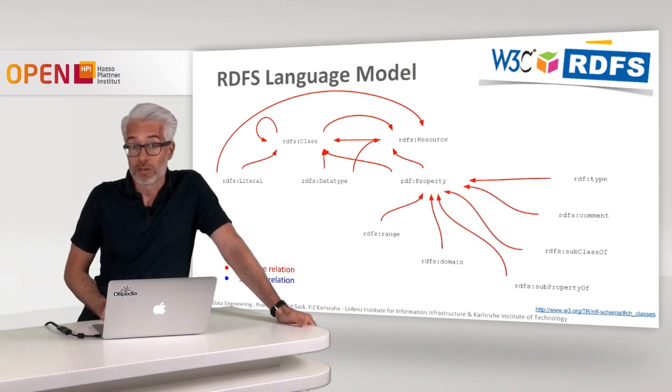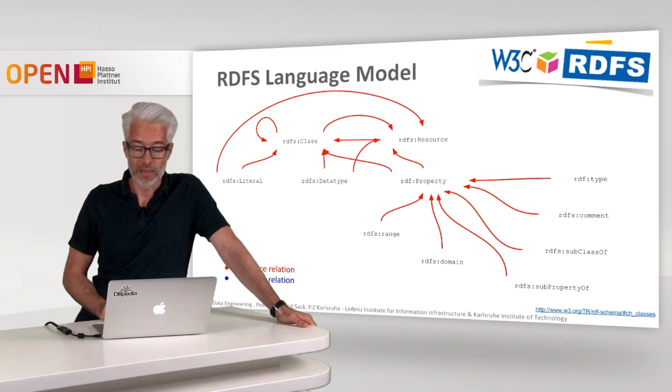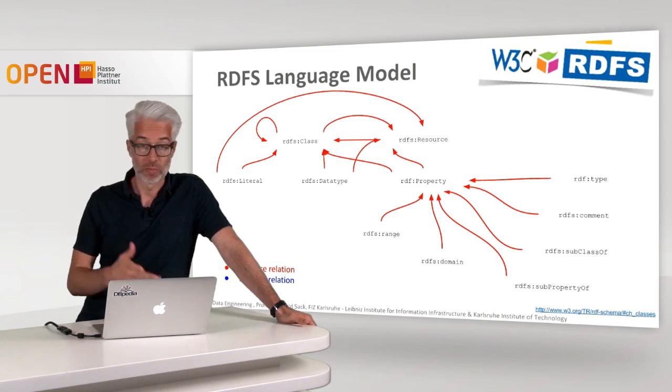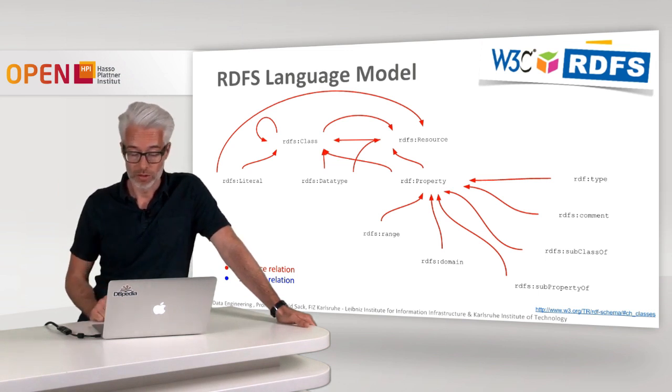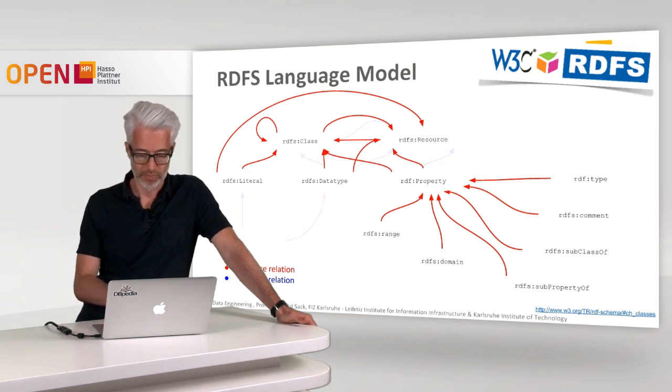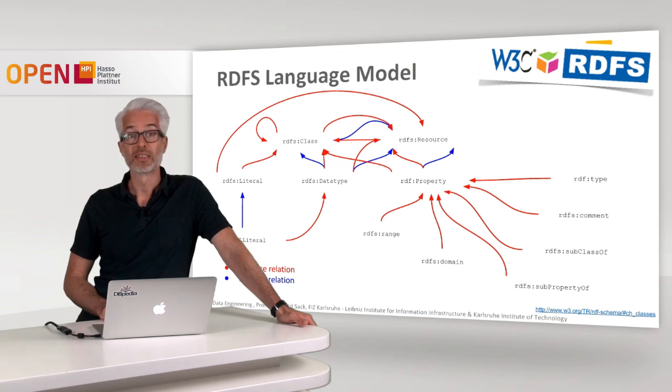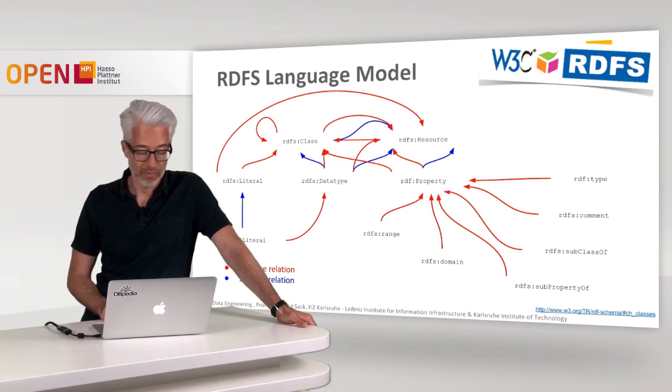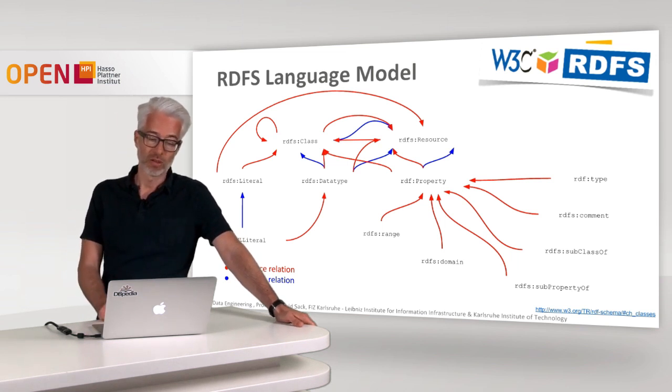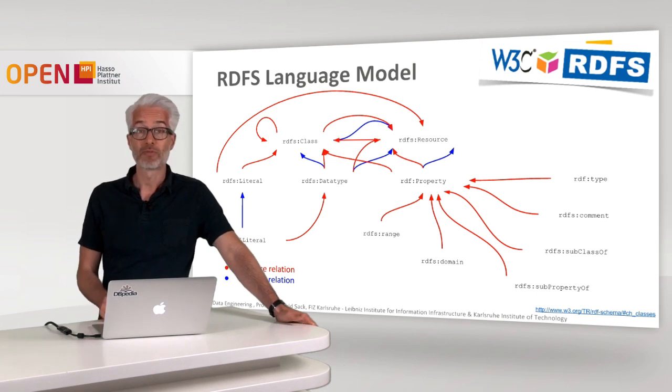Then we have lots of properties given here. For example, RDF type is a property, RDFS comment, we haven't heard about that, we will hear about it shortly, is also a property. Then RDFS subclass of, RDFS subproperty of, domain and range, they all are properties. What else do we have? We have subclass relationships. So for example, an XML literal always is also a literal, and a data type, for example, is also always a class.